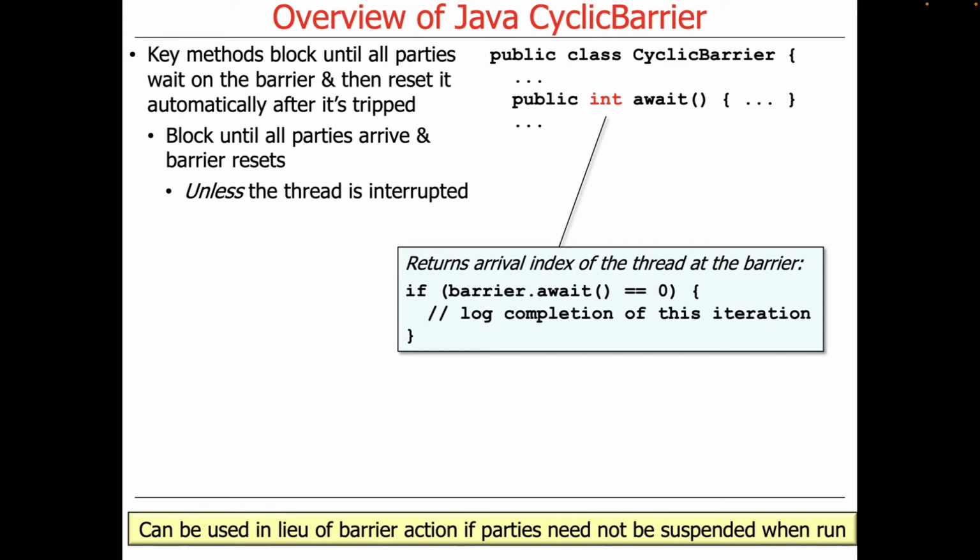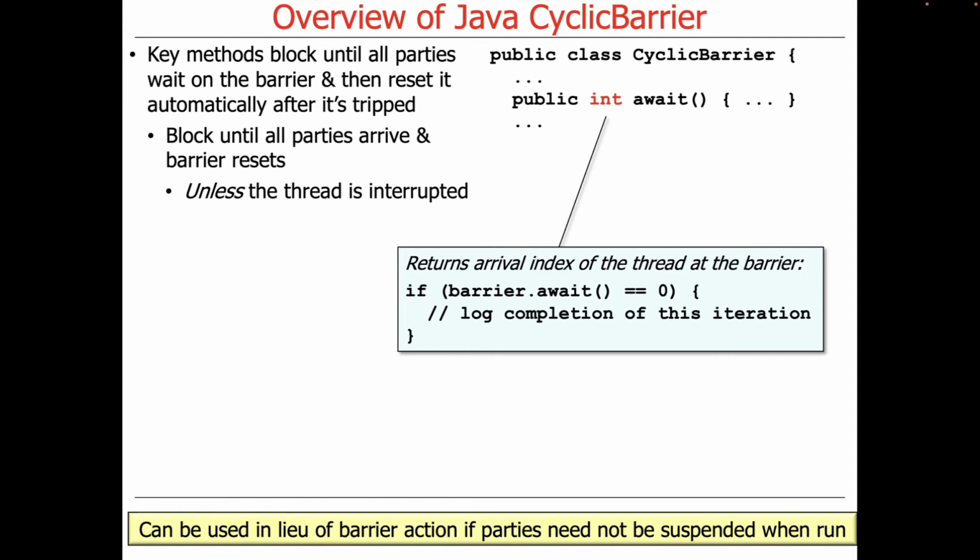It'll tell you the arrival order, and it'll go in reverse order because the count starts out as the number of parties, and each time it gets decremented. So when it finally is done, the final thread that awaits gets a return value of 0. And you can use the return value of 0 as an indication that the barrier has been tripped.